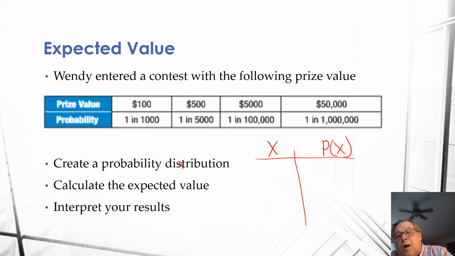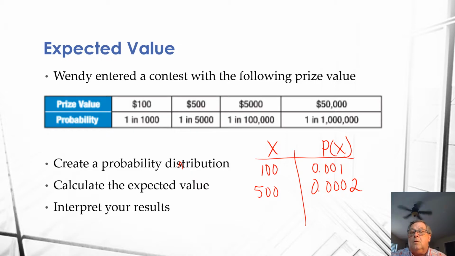For the $100 prize, we've got a 1 in 1,000 chance. 1 divided by 1,000 is 0.001. For the $500 prize, we've got a 1 in 5,000, and that is 0.0002, a 2 out of 10,000 chance.